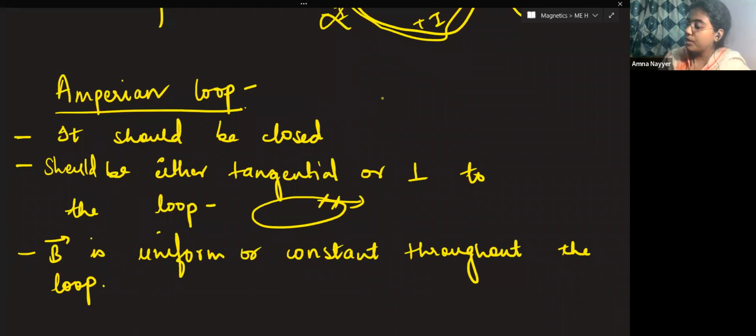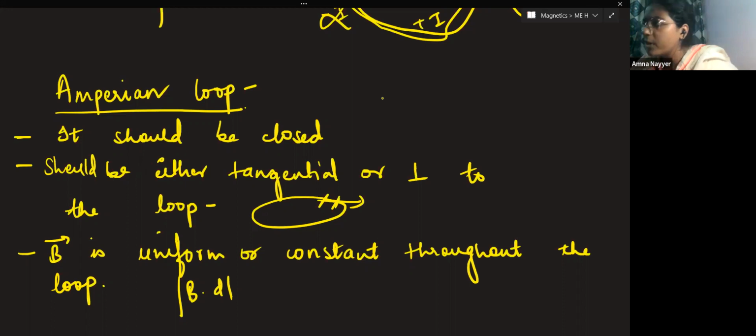Now, the magnetic field should be constant or uniform. This is very important. The very important point is that the loop should be closed. Second, the tangential point is not so important. This point is very important, that the magnetic field has to be uniform or constant. What's the reason for this? The reason is that you are integrating B dot dl. If your dl is variable, you will integrate it. For example, in all the cases that we studied last week, dl was variable.